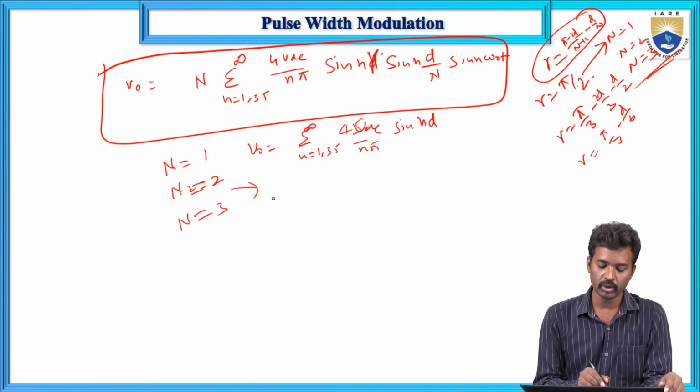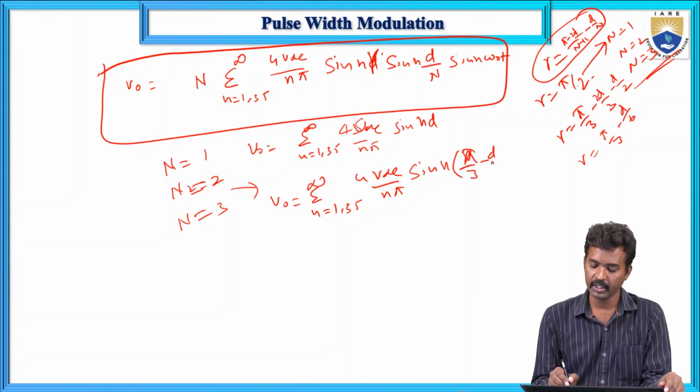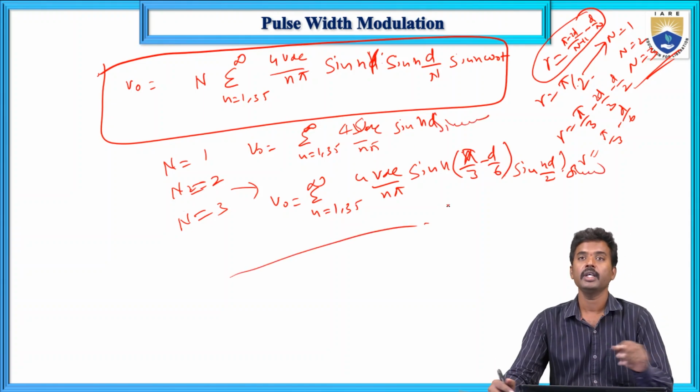Now for n equals 2, V0 = Σ (n = 1, 3, 5 … ∞) 4VDC/(nπ) sin(n(π/3 − d/6)) sin(nd/2) sin(nω₀t). So these are the equations.